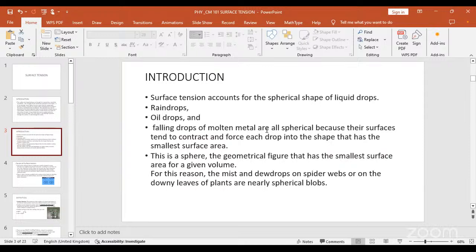That is, it has changed state. It is going to behave as if it's a drop. We are going to have that shape, spherical in nature. This is as a result of surface tension.